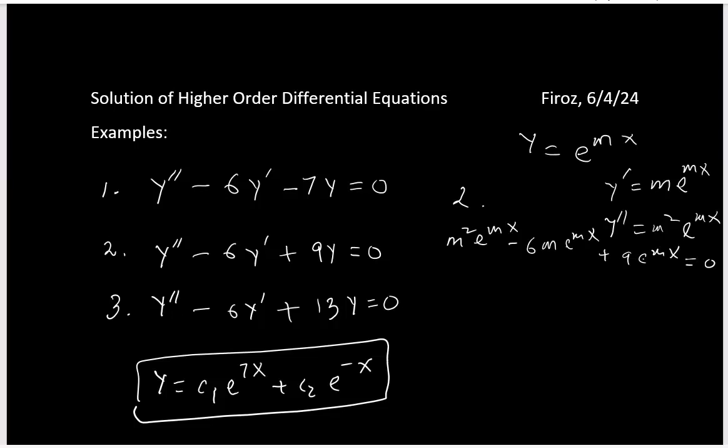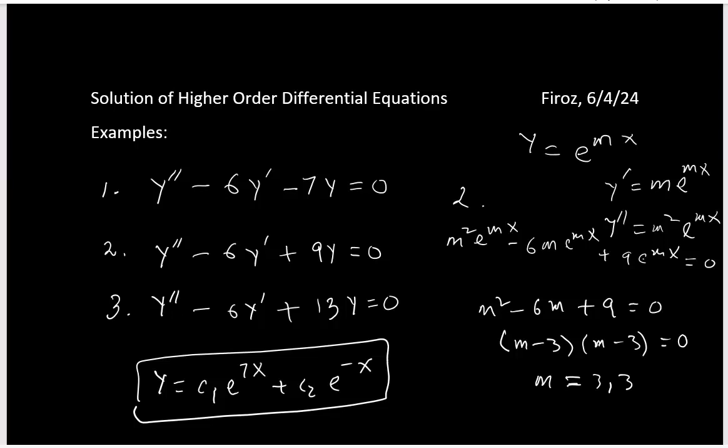And you factor out e to the mx, or divide each term by e to the mx, you end up with m squared minus 6m plus 9 equals 0. Now the trinomial factoring, you know that it is m minus 3 times m minus 3 equals 0. So that tells you m equals 3, 3.